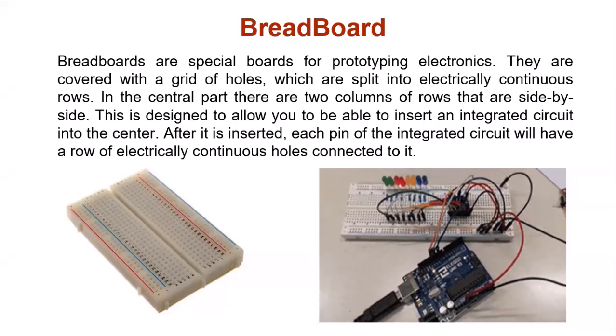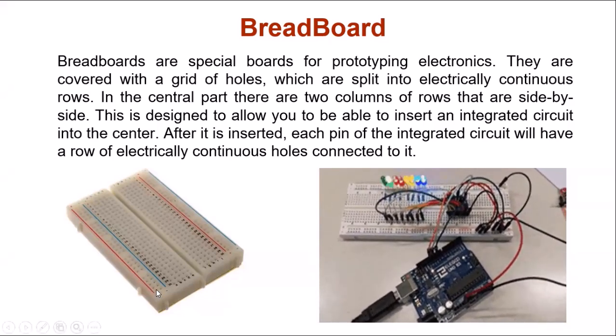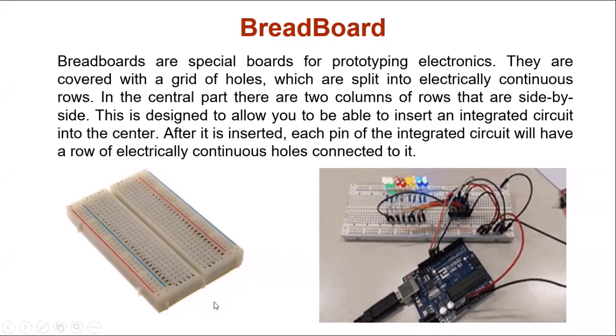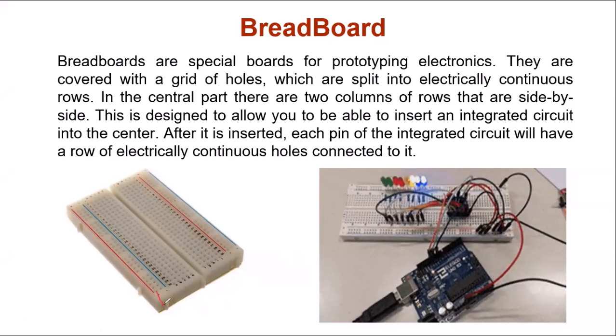What does it mean? It means that if you apply some amount of voltage or current over here, because it is horizontally connected, the same value you will get from here, or any other place.